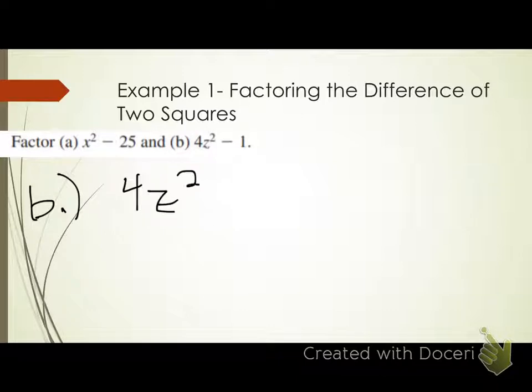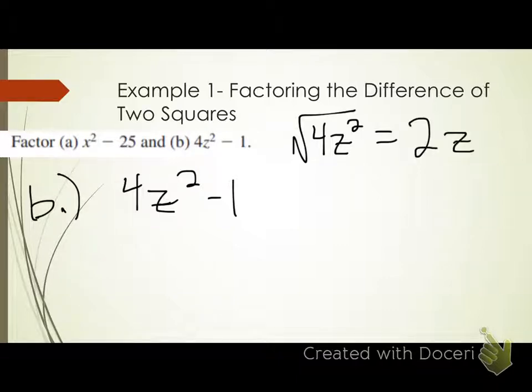Letter B. We have 4z squared minus 1. So step 1, I'm taking the square root of my first term. Square root of 4z squared just gives me 2z. So I'm putting 2z in the first spot of each set of parentheses.